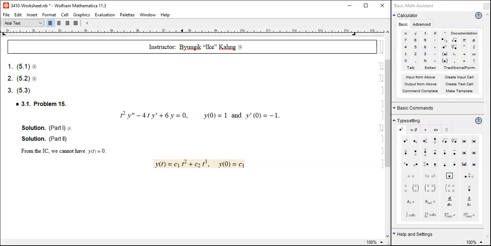And then if I plug in t equal to 0, then I'm still not getting a good answer here. Y of 0 has to be 0 squared.